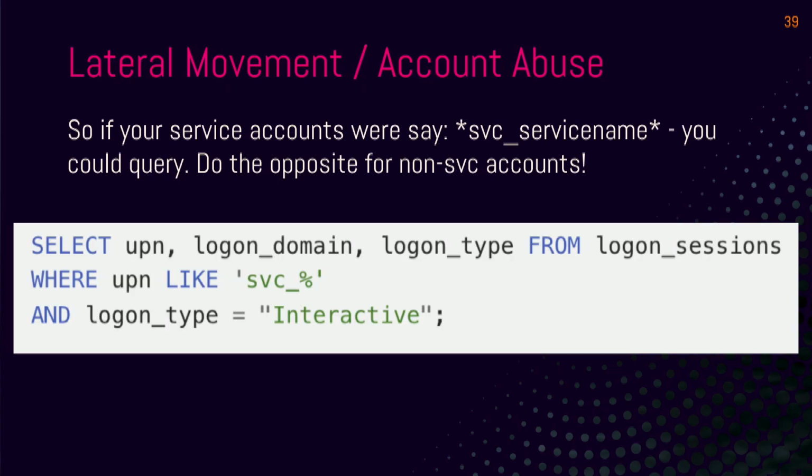But because we have that, and we have the UPN and the username, we can do things like selecting and getting the results only when the username starts with SVC and the logon type is interactive. So you run that frequently, and you'll know as soon as a service account is used in an interactive manner, which might be malicious, might just be someone trying to troubleshoot something, which you probably shouldn't do with that.